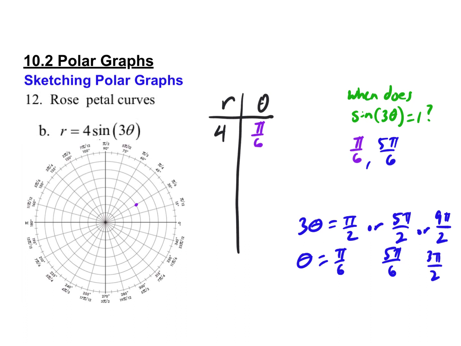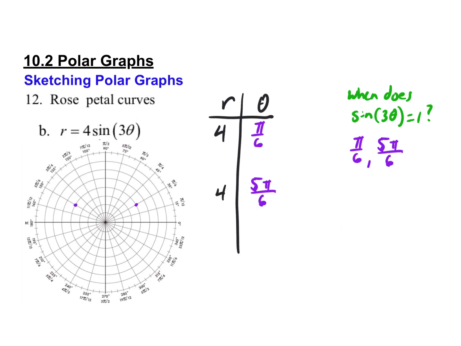So in reality, I have a point at pi over 6, 5 pi over 6, and 3 pi over 2. So that's where all 3 of those come from, right?